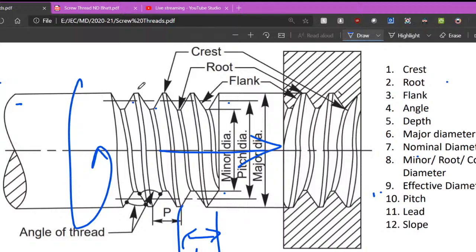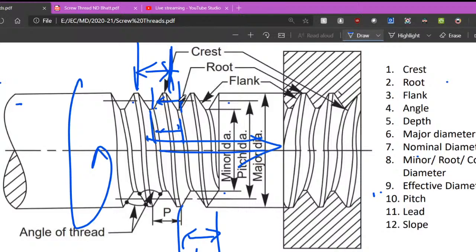And pitch is: you take a point on the screw thread and the adjacent point on the next screw thread, and that becomes your pitch. Either you measure it from root to root, crest to crest, or any point on the flank and the same point on the next thread. In all cases we call it pitch.